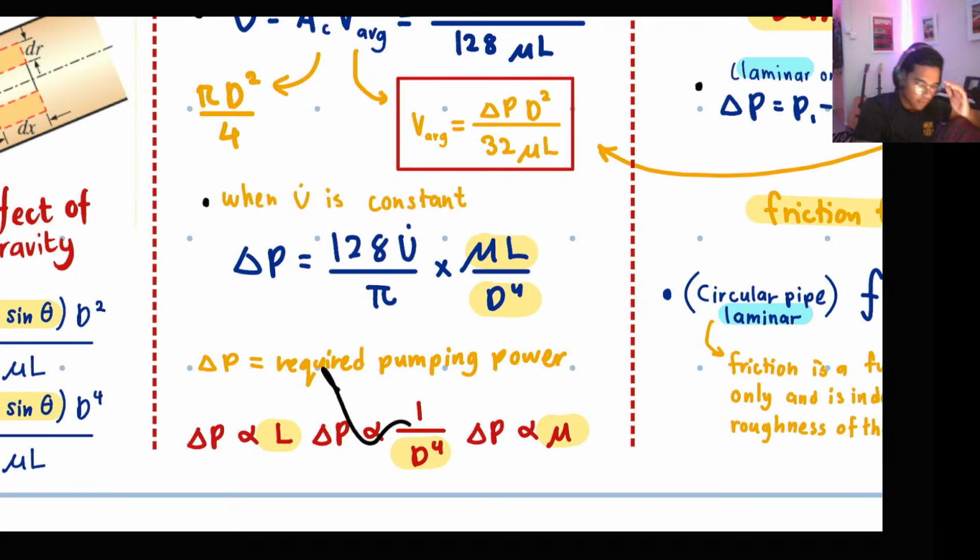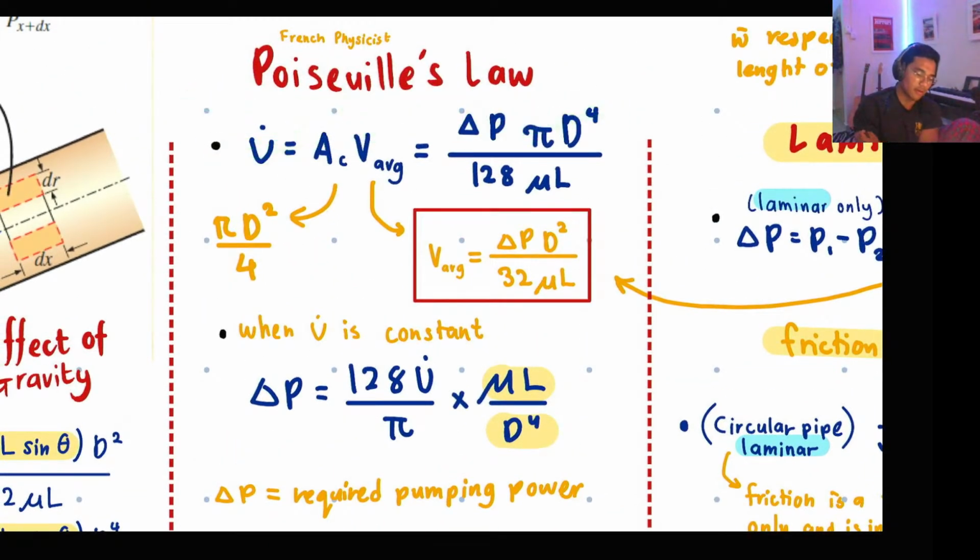In the question, usually the flow rate will be given, but we want to find the pressure drop. So how do we find the pressure drop? We find delta P by rearranging Poiseuille's law.